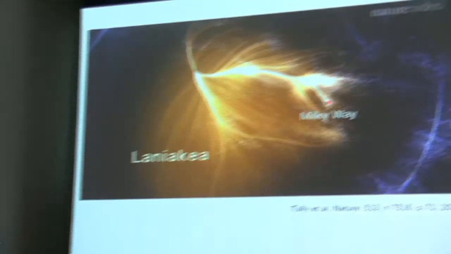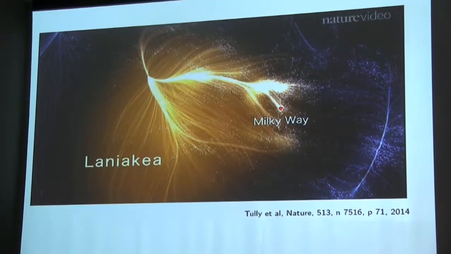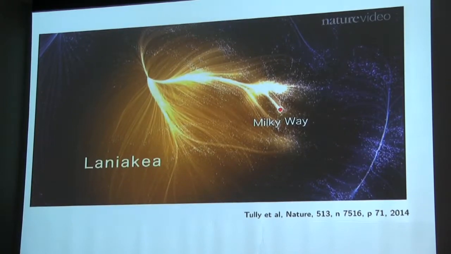I'm sure you've seen these lovely pictures that come out of local universe flow analysis. So proper motions and flows are a very topical subject at the moment, and so the local group of galaxies, including the Milky Way, has been given this lovely name Laniakea. I hope I'm saying it right.